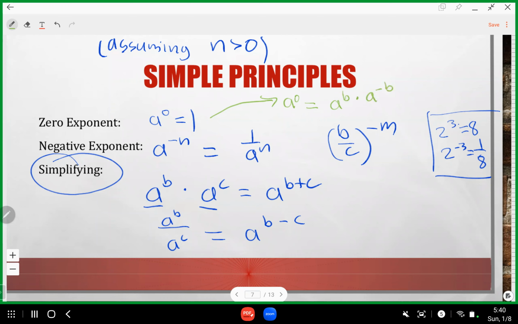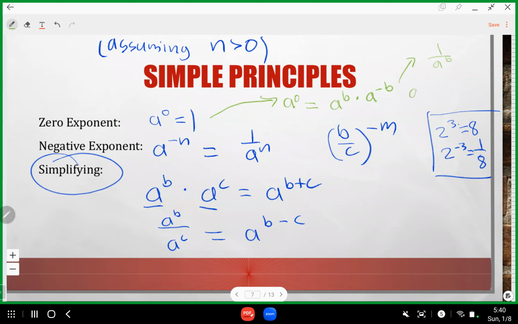Think about it, right? A to the b times a to the negative b is just going to be a to the b plus negative b, which is a to the 0th, right? But why does that still equal 1? Well, you see, a to the negative b is going to be equal to 1 over a to the b.